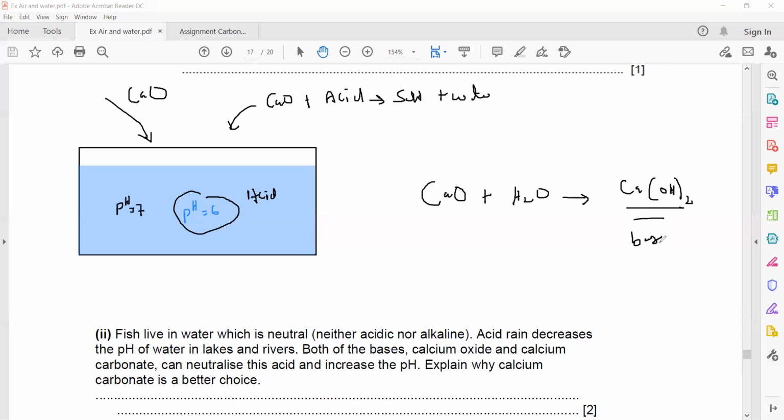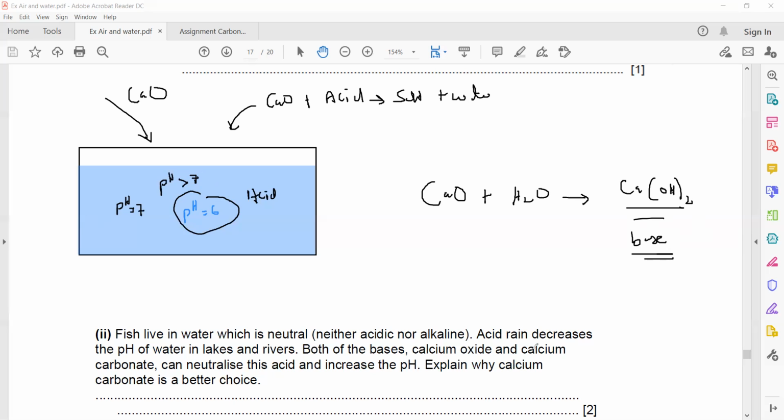What is calcium hydroxide? Calcium hydroxide is a base or alkali. So as it is a base, what happened to the pH? For this water, the pH will be more than 7. So as the pH is more than 7, again this water is not suitable for marine life or fishes.